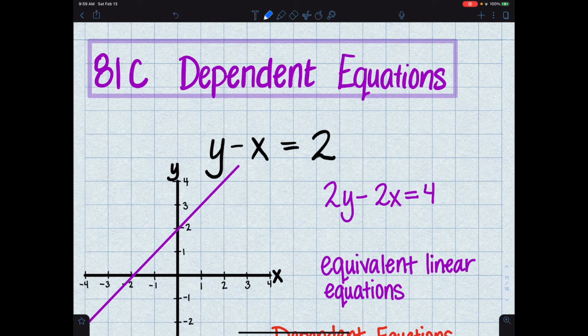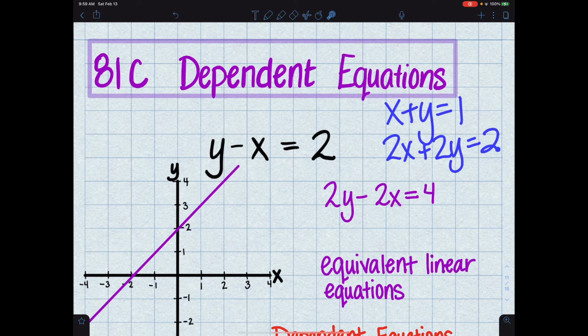Now let's go over dependent equations. We have defined equivalent equations in the past, so I'm just going to remind you really quick about that. Equivalent is when you take an equation like x plus y is 1, and if you multiply everything by 2, it would be 2x plus 2y equals 2.